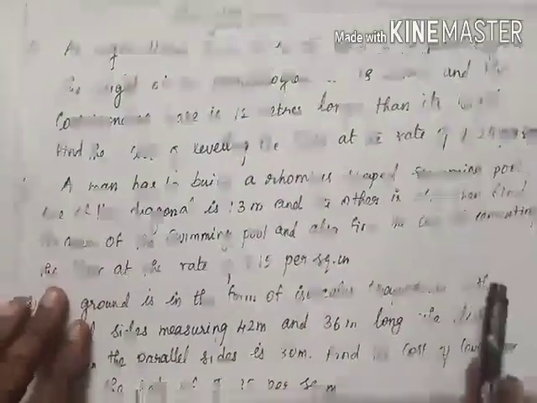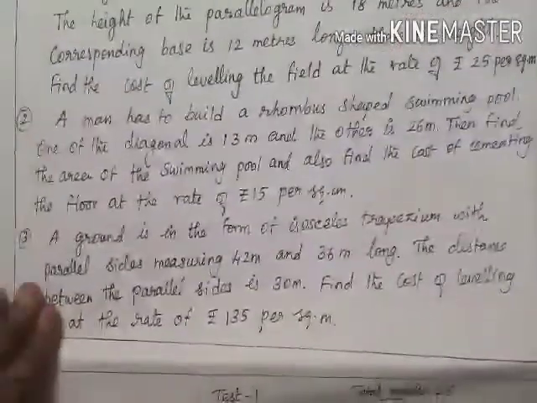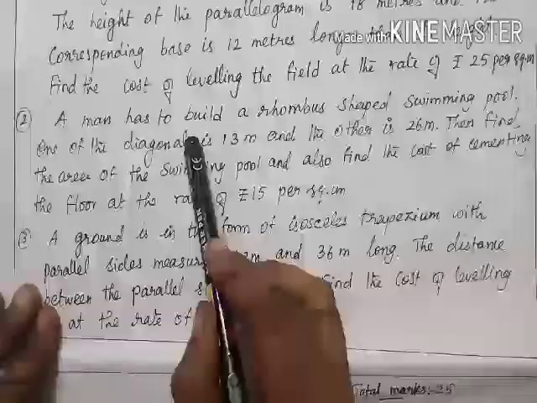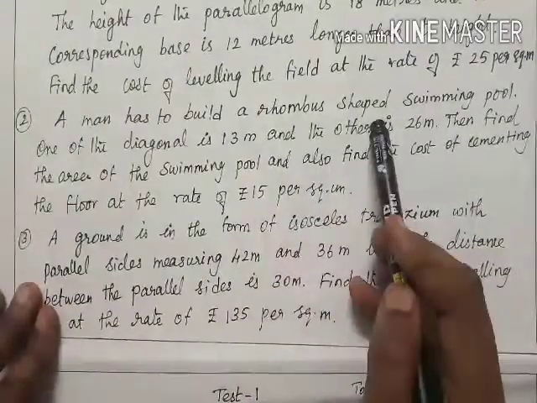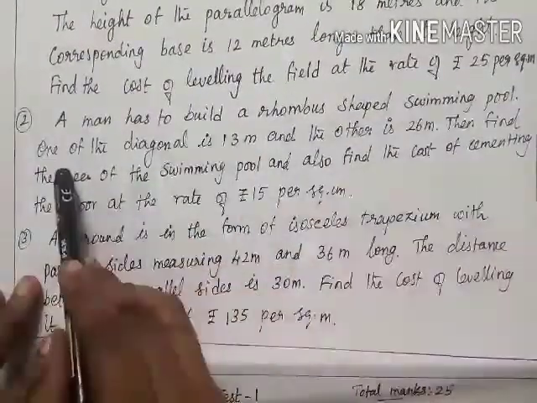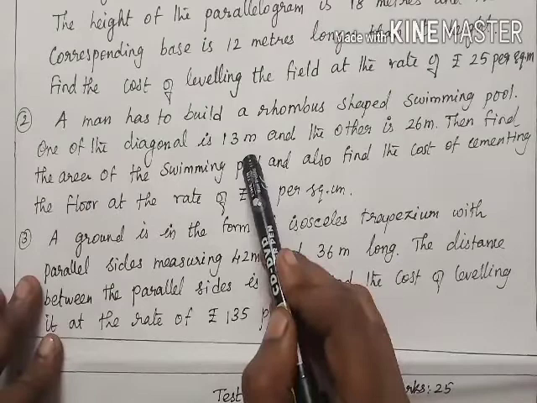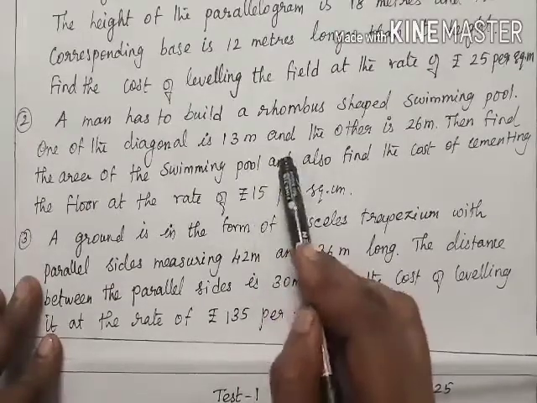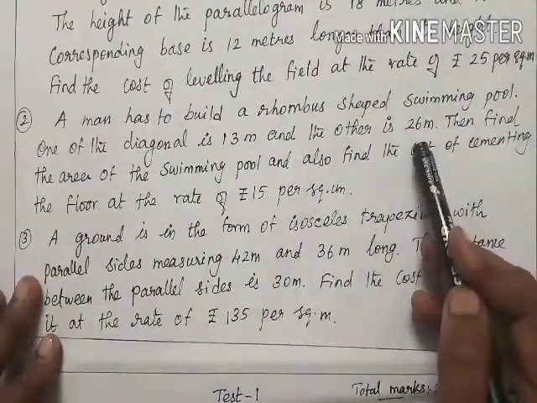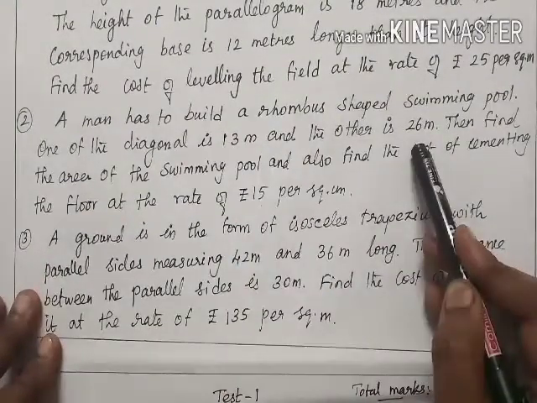Right. Second sum. Listen here. Second sum is a man has to build a rhombus-shaped swimming pool. One of the diagonals is 13 meter and the other is 26. That is D1 equal to 13, D2 equal to 26.